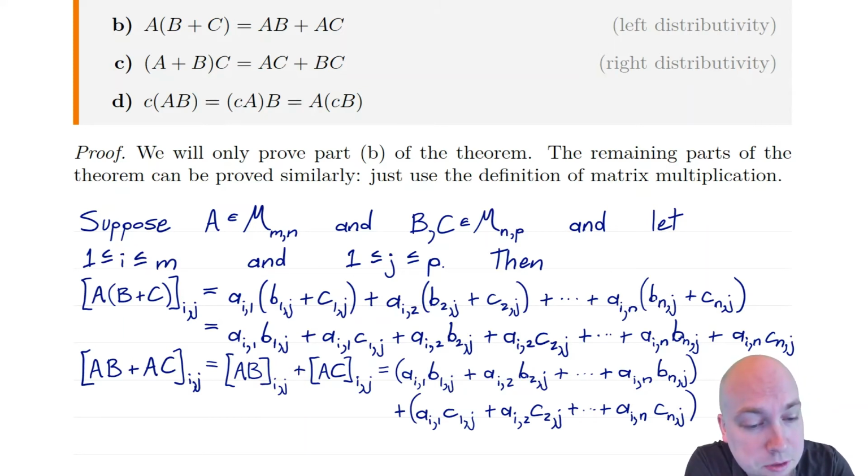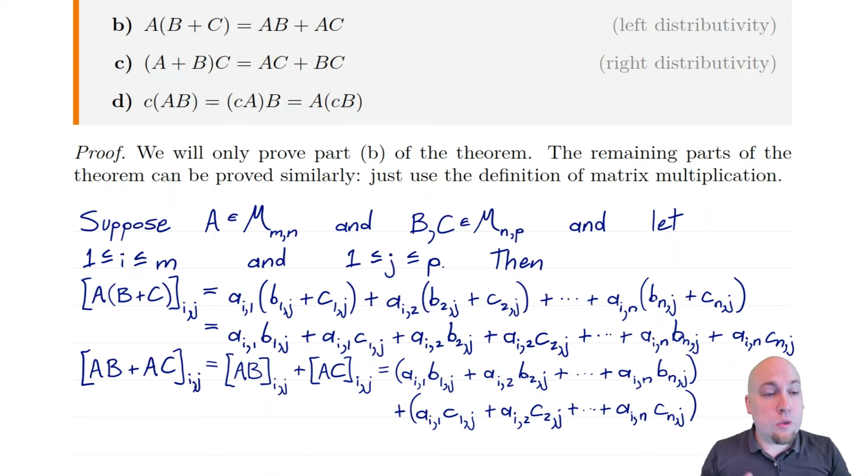The inner subscripts always match, and I add up over all possible values of that matching inner subscript. Then the ij entry of A times C is the ith row of A dotted with the jth column of C, and that's what I wrote down here.